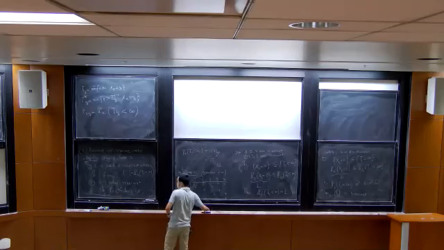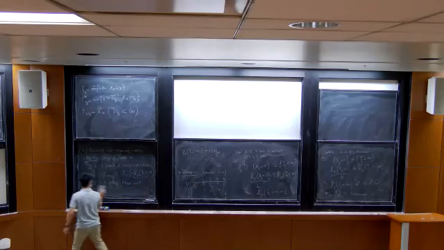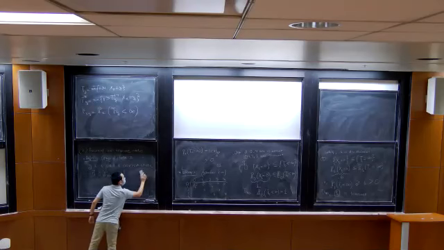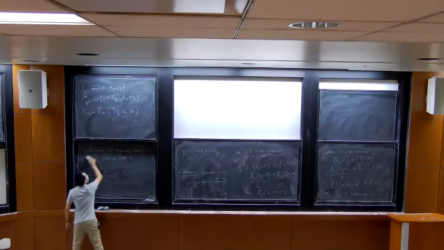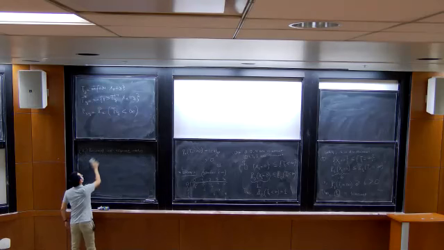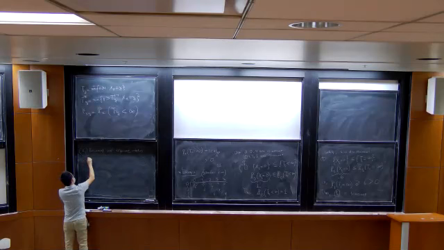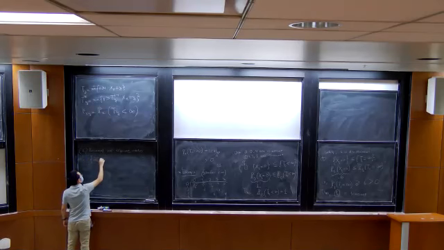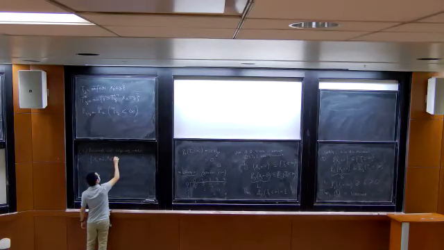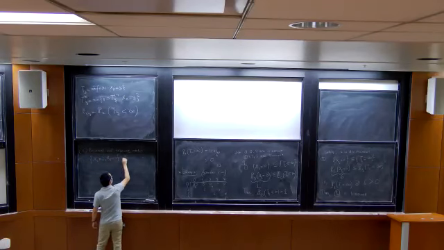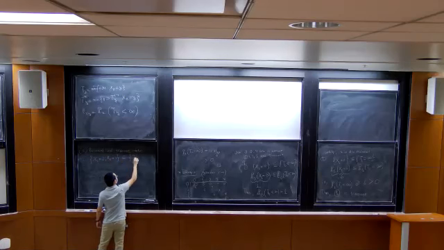Maybe let me write this down for the sake of completeness. For example, if I want to consider number 2, suppose I have the following trajectory: x1 is 1 and x2 is 0. This implies I can never go back to 2.